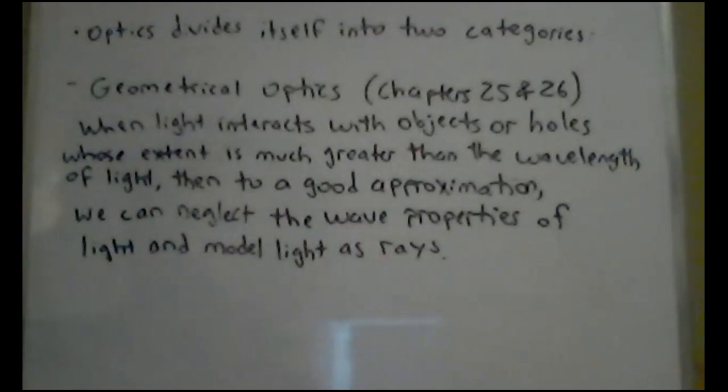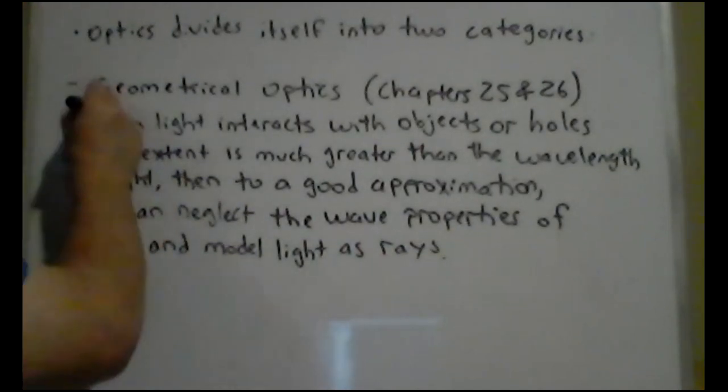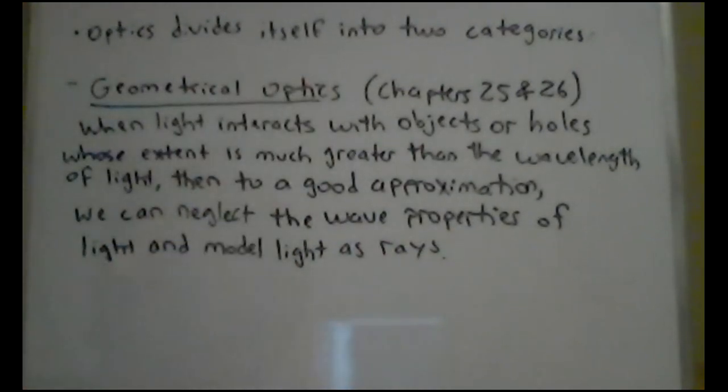So again, geometrical optics: when light interacts with objects or holes whose extent is much greater than a wavelength of light, then to a good approximation, we can neglect the wave properties of light and model light as rays.